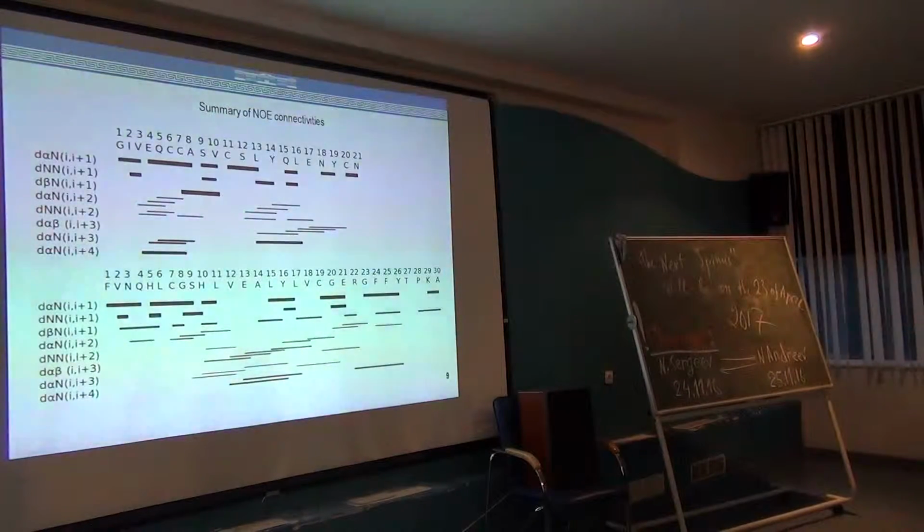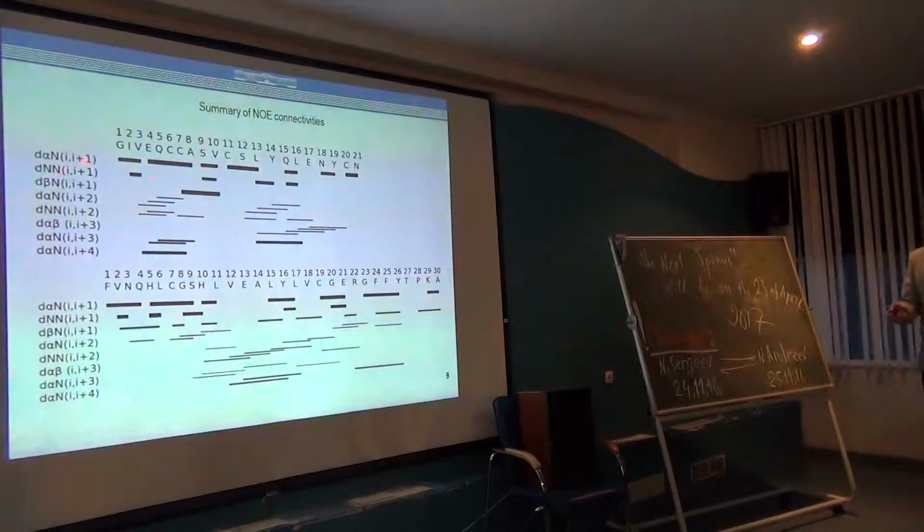So, for our analysis of NOESY signals, we built such a diagram for A chain and B chain, respectively. This diagram shows the presence of signals in the NOESY spectra. For example, the first line shows presence of signal between alpha proton and amide proton, between neighboring residues.